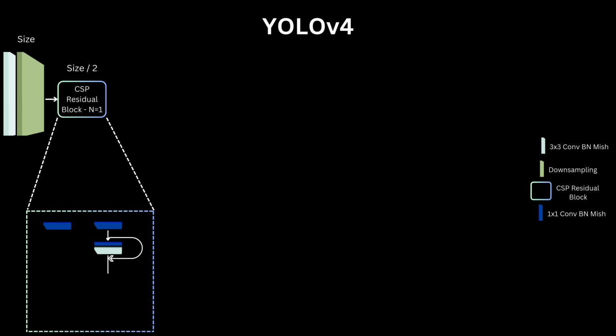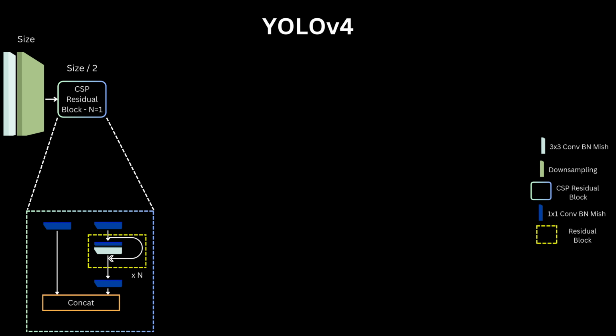This entire residual block is repeated n times, where for the first CSP block, n equals 1. Then we have our transition 1x1 conv layer, followed by concatenation of this and the other part that did not go through residual blocks.